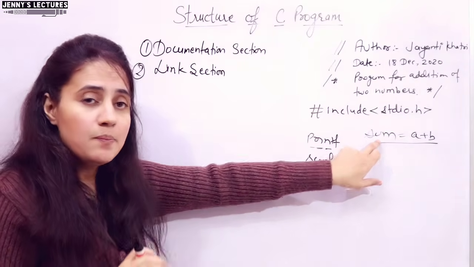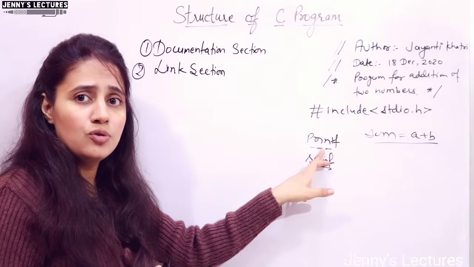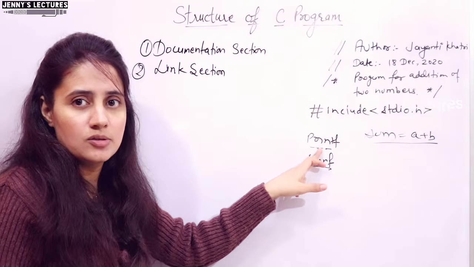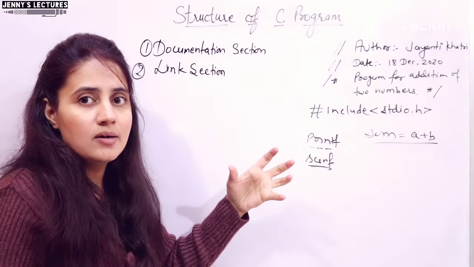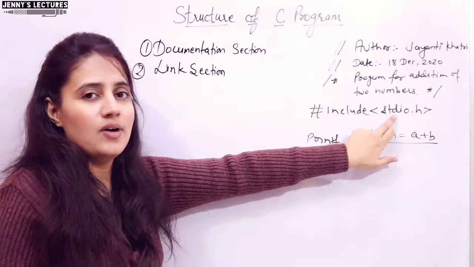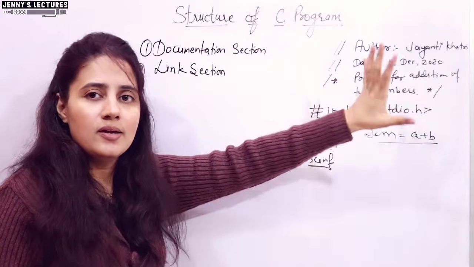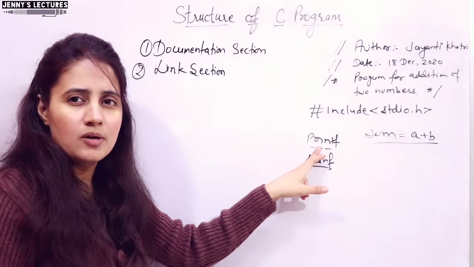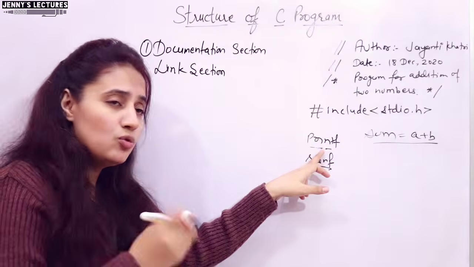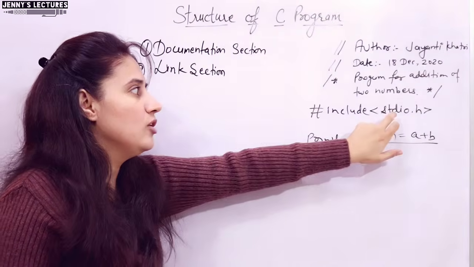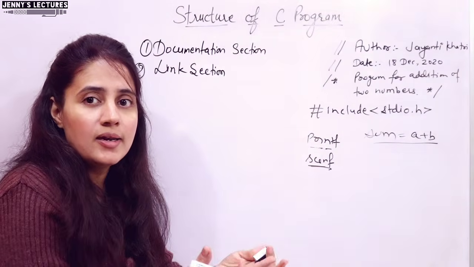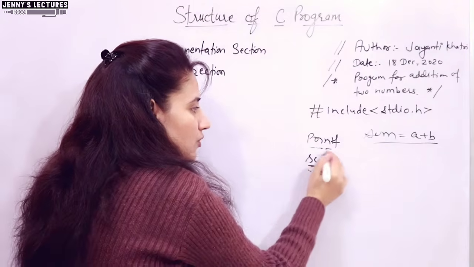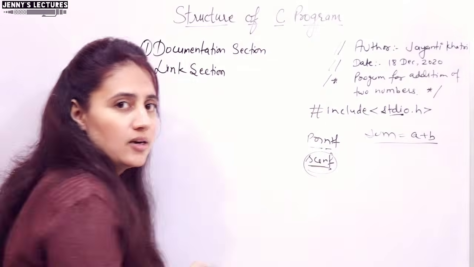Same for printf also, you have to tell the compiler what printf means. That meaning is in this header file stdio.h. It's already defined. You don't have to write the code for the printf function in your program. You can directly use this function, but you have to include this header file to tell the compiler the meaning of this thing. Same as scanf, the meaning of this is also in this header file.